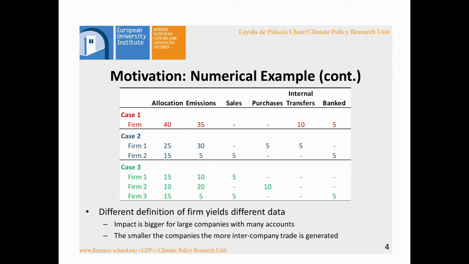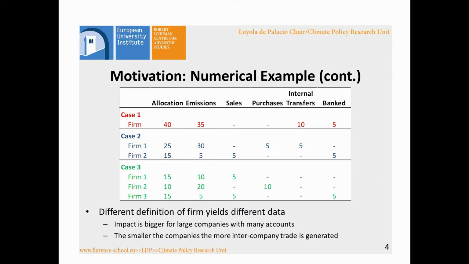And as you can imagine, the more you grow the number of accounts, the larger this impact becomes. So suppose you have 50 installations, and on one extreme you assume that they're all independent, and on the other extreme you assume that they are all controlled by the same company.